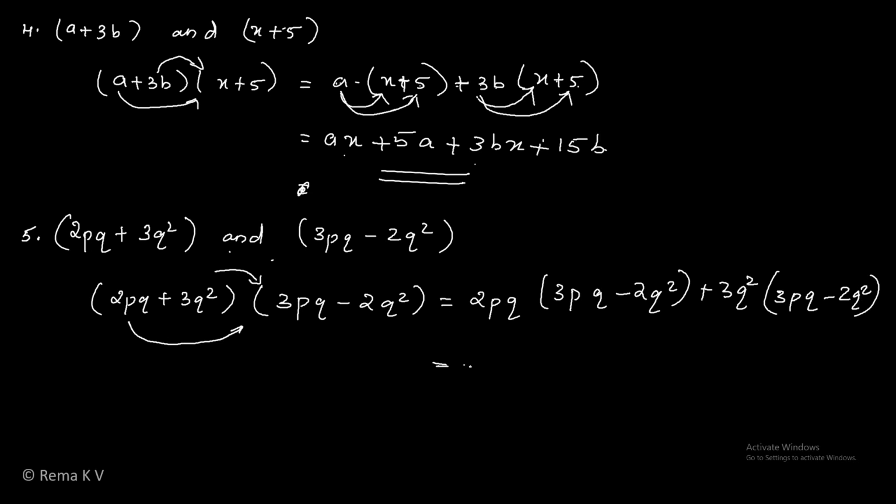This is equal to 2pq into 3pq minus 2q square plus 3q square into 3pq minus 2q square.